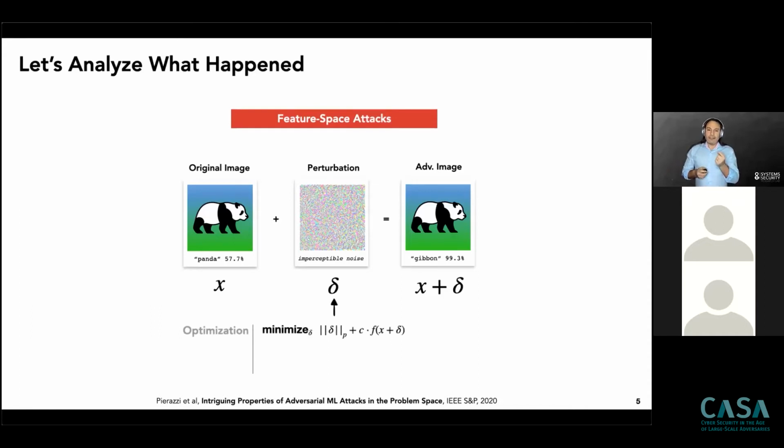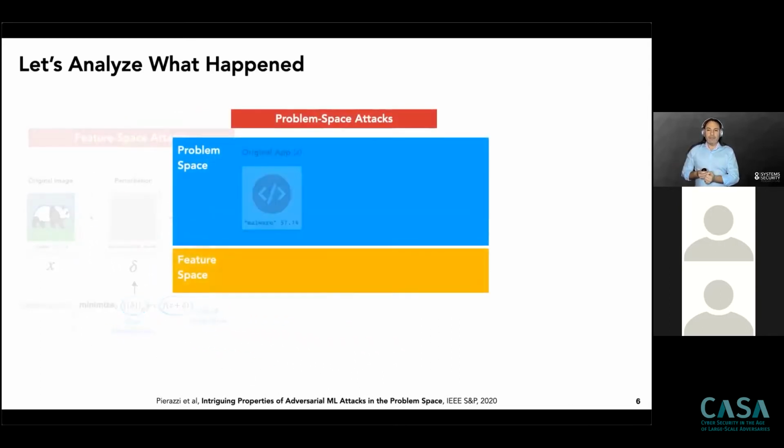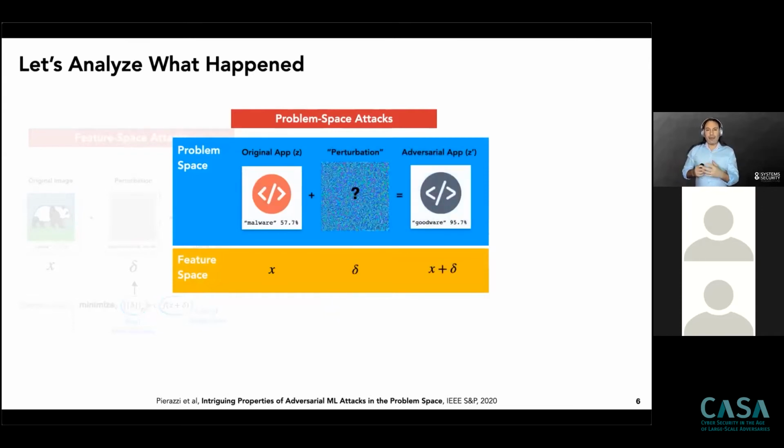Now, usually we find delta by solving an optimization problem that aims at minimizing, for instance, the sum of the pixels that you perturb, because you want the perturbed image, the adversarial image, still to look like a panda to a human eye. And also we try to minimize the loss of the target class, because you want to have the panda misclassified as the target class, for instance, okay? So this is pretty much a typical pipeline of adversarial machine learning in the feature space, in image classification tasks. But let's see what happens in the problem space, okay?